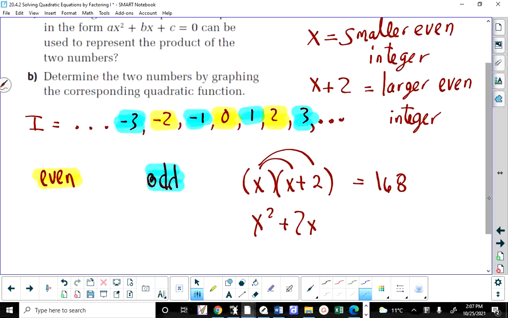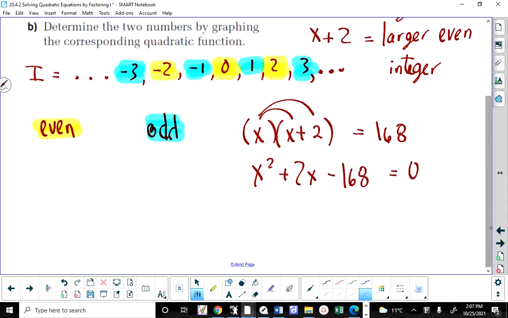Right away, everybody see that I'm getting a quadratic equation because I see x squared. And in preparation for that, I know that I have to zero the equation. So why don't I just move the 168 over now? And now it's primed to be investigated or solved by looking at the x-intercepts of this corresponding function.